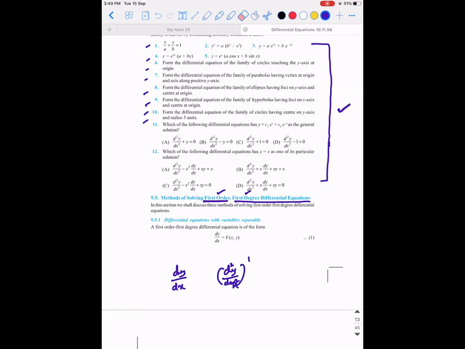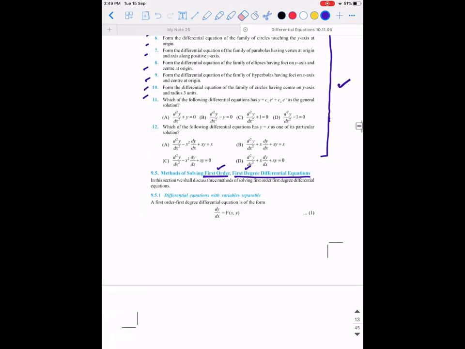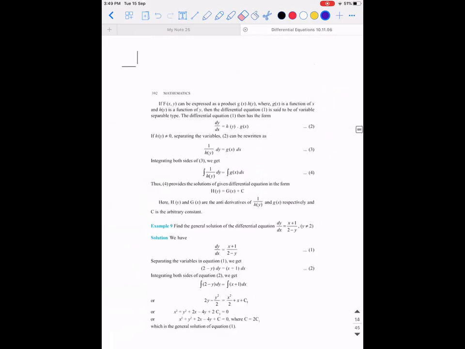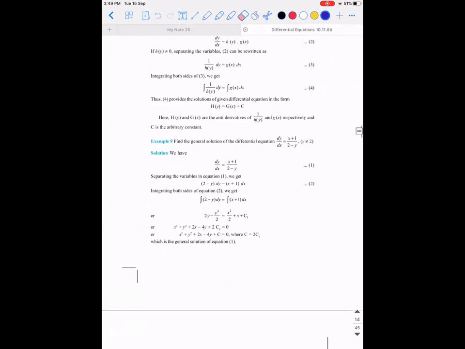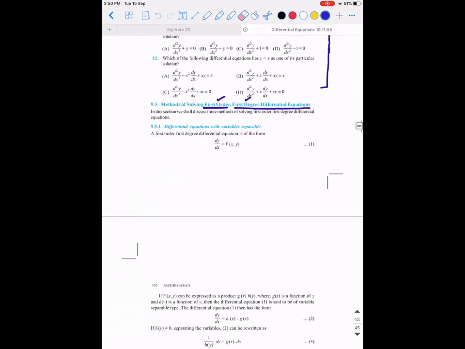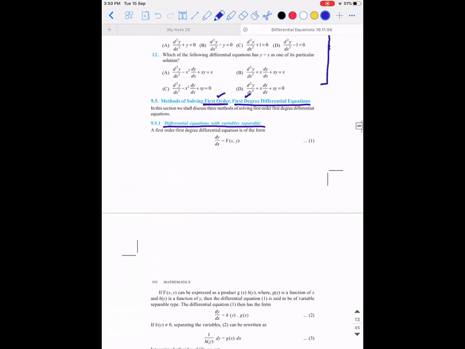So you know these 2 points. Now we are going to find the solutions for it. The first method is called the variables separable method. So differential equations with variables separable. The meaning of this is you can separate the variables and write it.